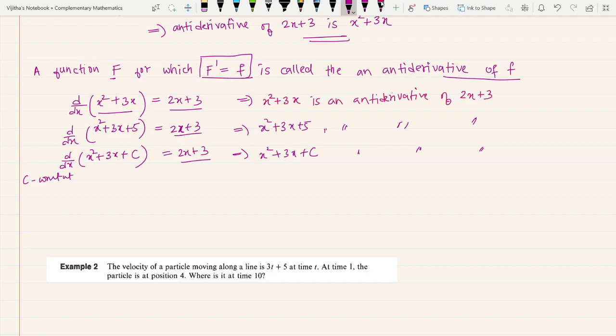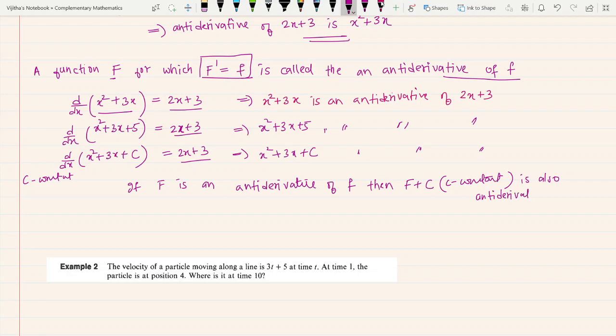So in general, we can say that if F is an antiderivative of small f, then F plus c, where c is a constant, is also an antiderivative.